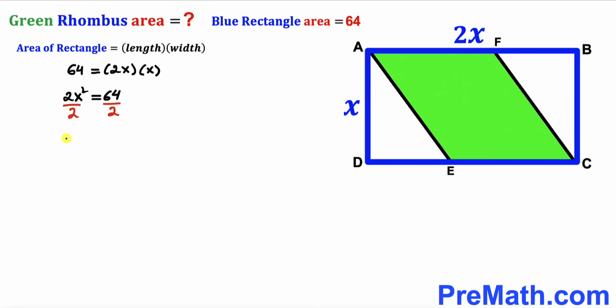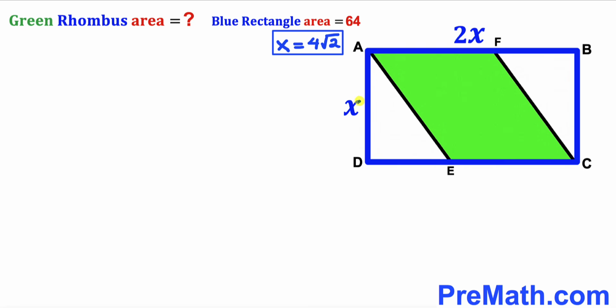So x square turns out to be equal to 32. Now I'm going to undo this square by taking a square root on both sides. So our x value is going to be simply 4 times the square root of 2 units.